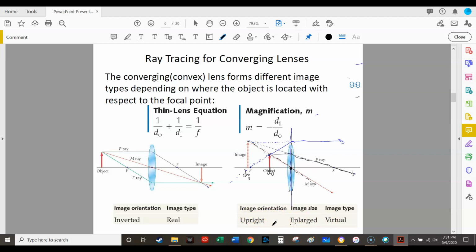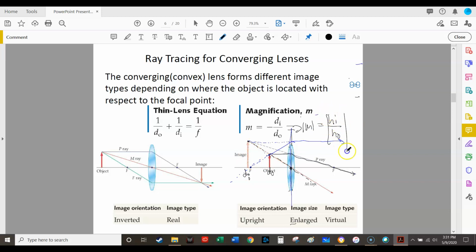And those are the two types of drawings that you need to know for ray tracing on converging lenses. And to do any equations, you'll use the thin lens equation and the magnification equation, which also, by the way, if you want to just know the size, you could measure the size of the image and divide it by the size of the object.